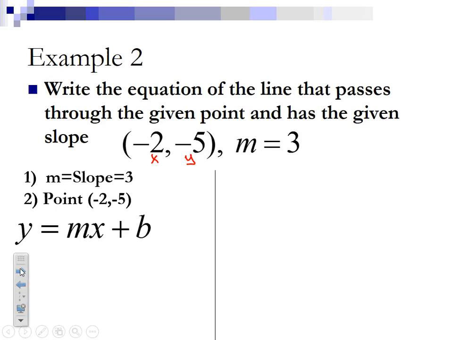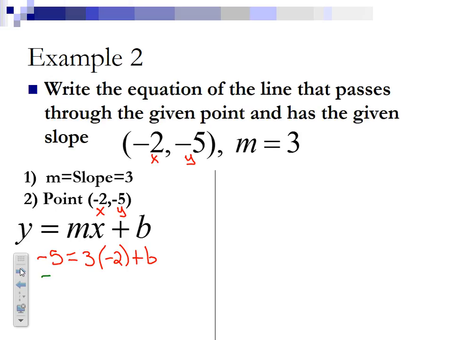In order to do that, I'm going to plug in my x and my y. So if I do that, I'm going to rewrite y as -5 equals, my m is 3, my x is -2, and I have to do my plus b, because we have to find that y-intercept in order to write it in slope-intercept form.